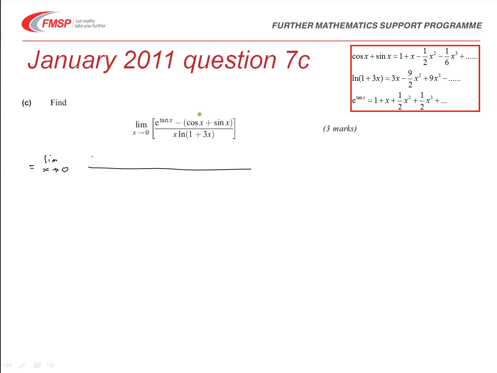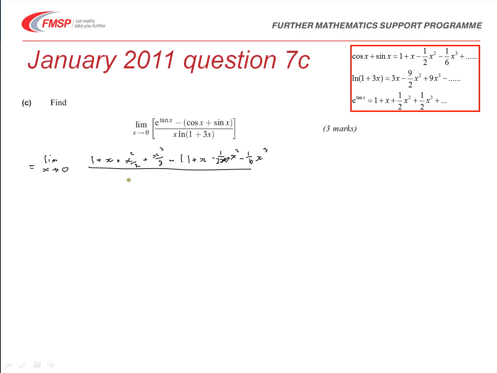Okay, so on the top, what do we have? We've got e to the tan x, which is the 1 plus x plus x squared over 2 plus the x cubed over 3, and then we're subtracting the 1 plus x minus a half x squared, sorry, that was a half x squared minus the 6th x cubed.